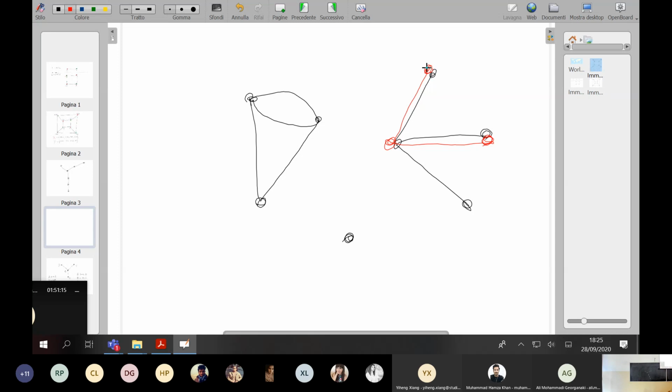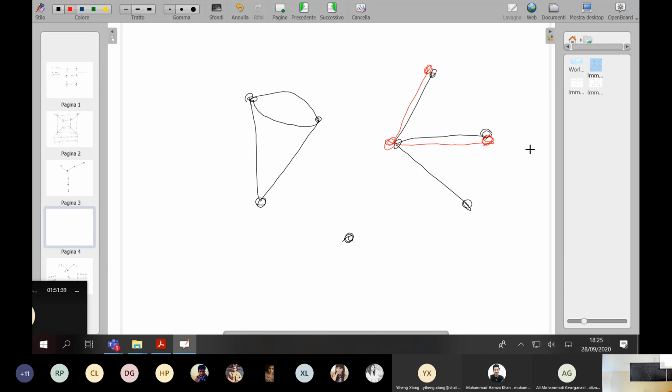Because if I pick up any two vertices, there is a path joining them. This and itself, yes, a zero length path. This and this, sure, a one length path. This and this, sure, a two length path. And so on. Okay, this is a connected subgraph.